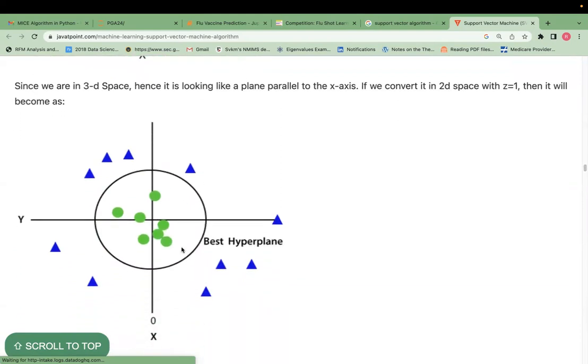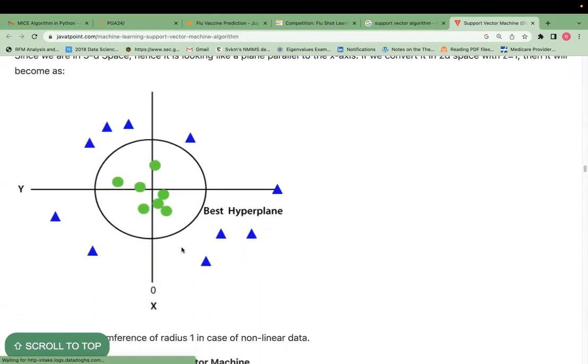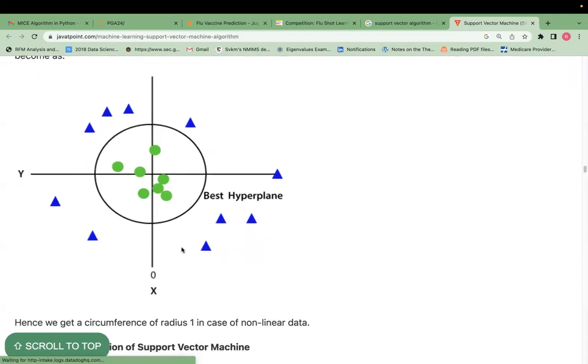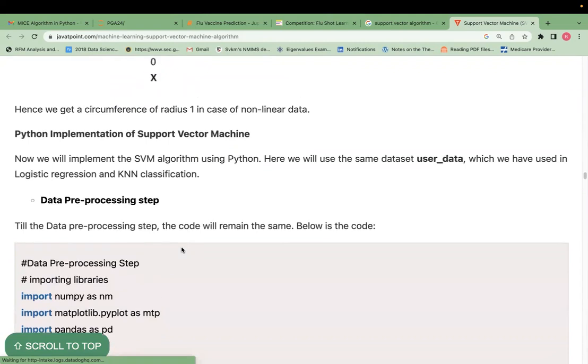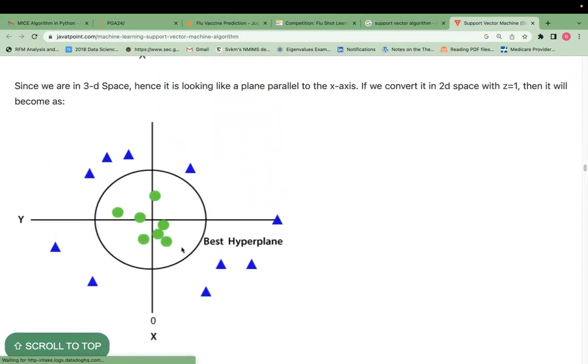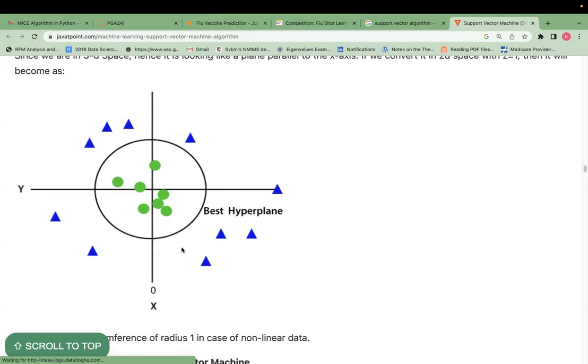And then using the third dimension, we will draw a line which is in the circular form. Because we can't draw a straight line here, in two-dimensional you have a y-axis and an x-axis. In three-dimensional you have x, y, and z. Now you can draw a line separating the classes.